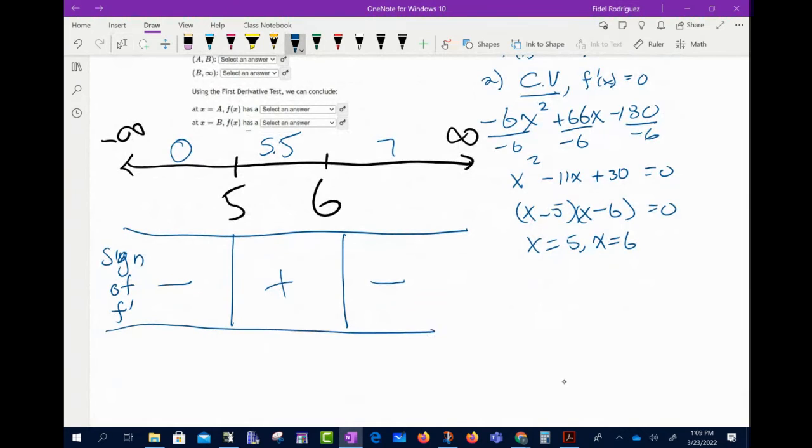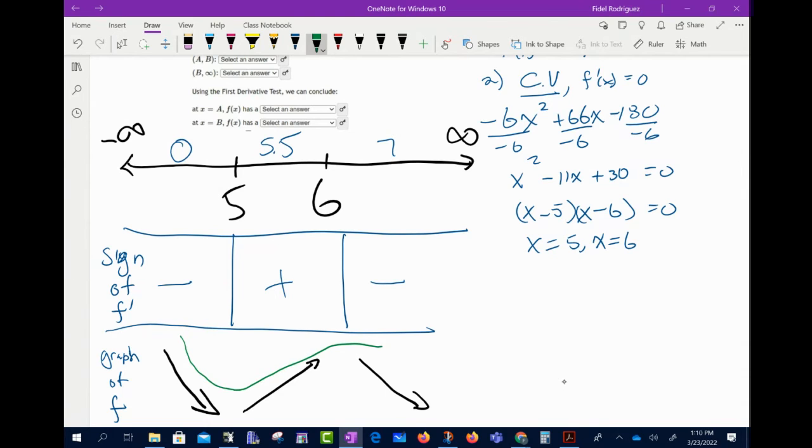Now, we're going to look at the graph of x. Since the derivative is negative, do you agree that means that the function is decreasing, right? When it's positive, the function is increasing. When it's negative, the function is decreasing. So again, think about what that looks like, y'all. The function is going down, comes back up, and it goes back down, something like that, right?